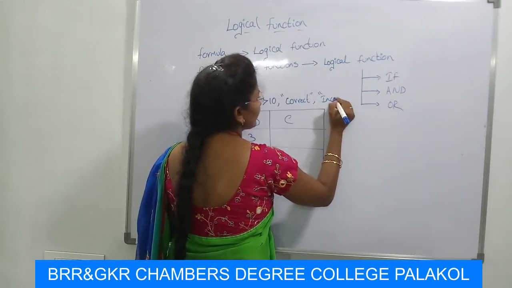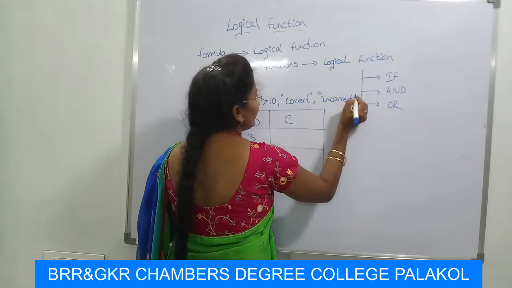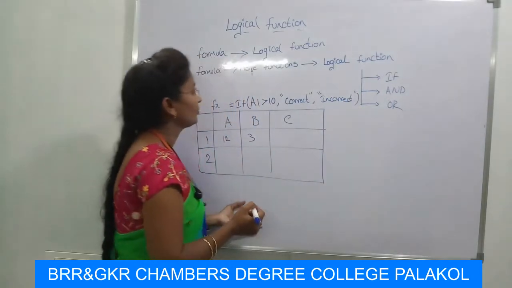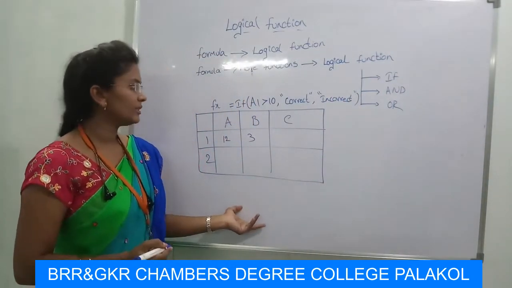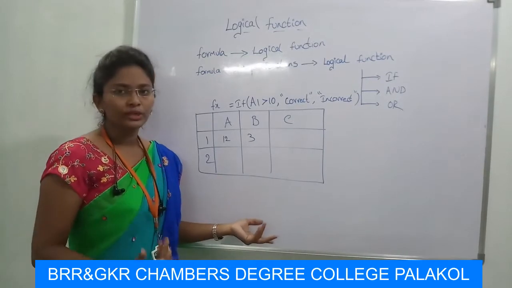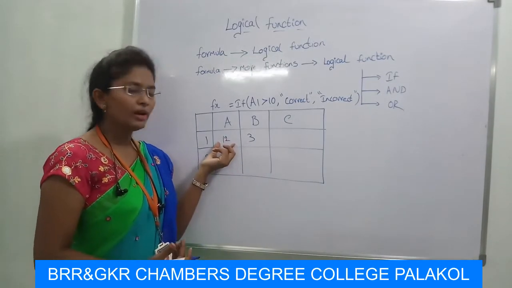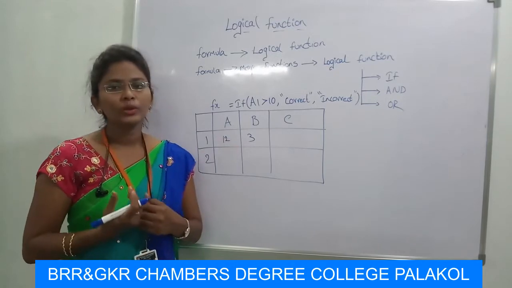Close the bracket. This is the formula for the if function, and it will check the value over here. That means 12 and 3. 12 greater than 10. That means correct.